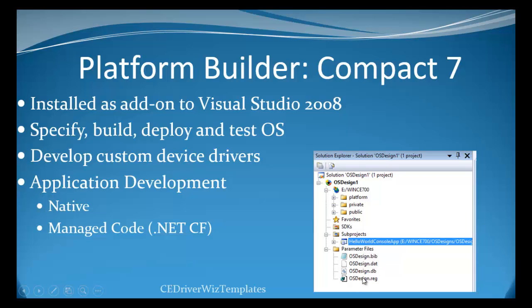And finally, down the bottom we have the parameter files for the operating system that are not part of drivers and so forth. If we create a custom driver, then if we wanted to load at start time, we would put its bib entries in the bib file here, and we put its registry entries in this file here, build the operating system, and it would start and run.